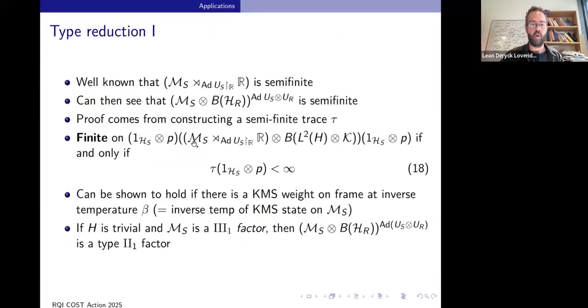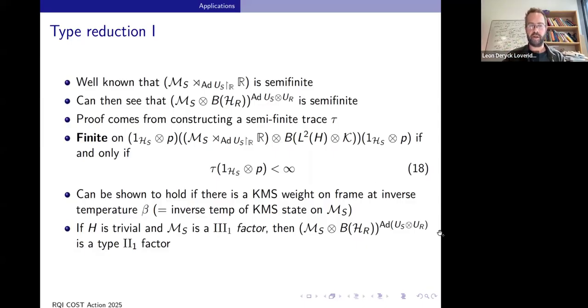So what we want to say is, what is the structure of this algebra? There are many known results about cross products and the type of cross products of von Neumann algebras. So what we find is that we can use all of these results that have been known for some time and the covariant dilation theory to show what is the structure of the resulting invariant algebra of our quantum field theory plus our quantum reference frame.